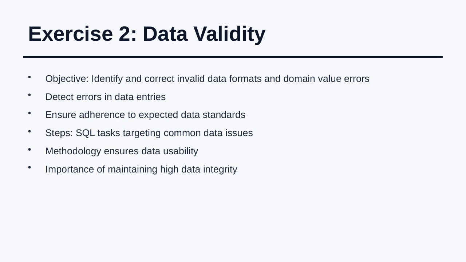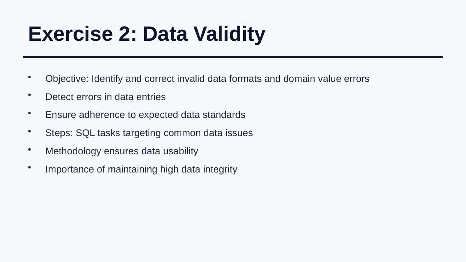Similarly, domain value errors happen when data falls outside the acceptable range, such as a product category that doesn't exist or a status code that's invalid. By using targeted SQL queries, we can detect these issues by checking if data entries conform to the defined standards and flagging any anomalies.